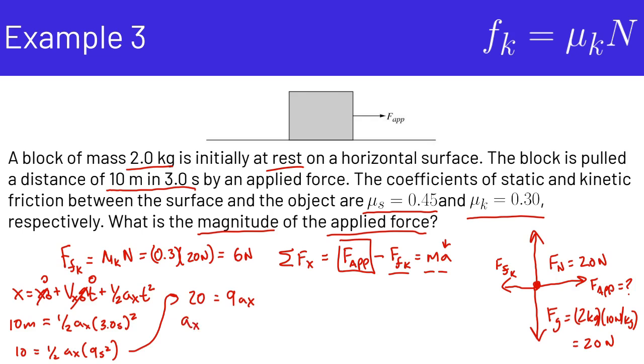So our acceleration then is 2.22 meters per second squared. So in our sum of forces, we have the applied force minus our friction force of 6 newtons is equal to 2 kilograms times 2.22 meters per second squared.